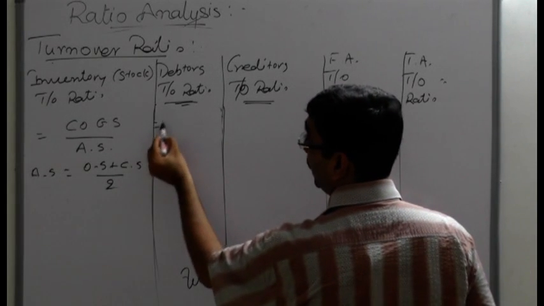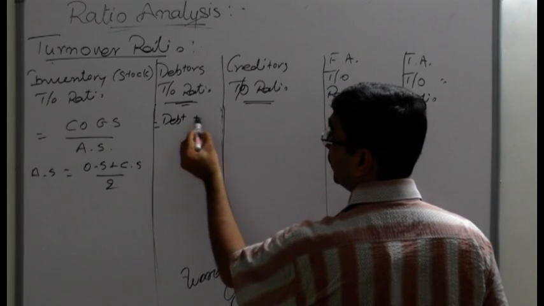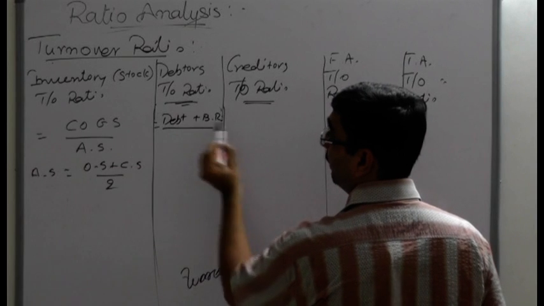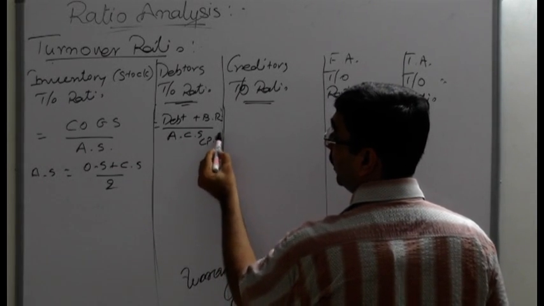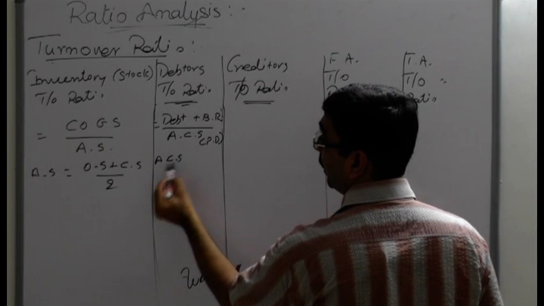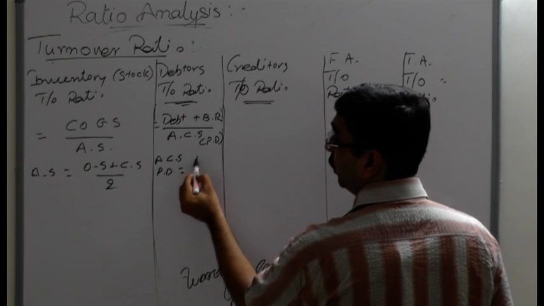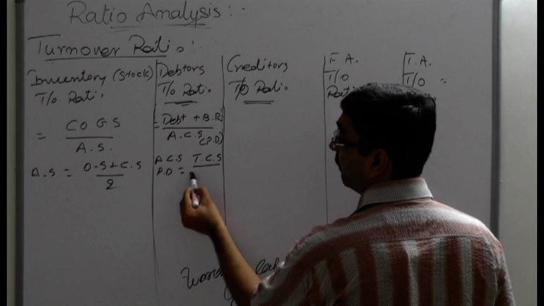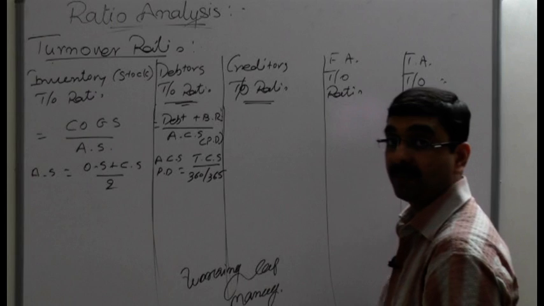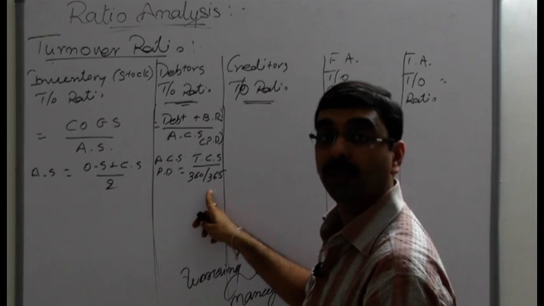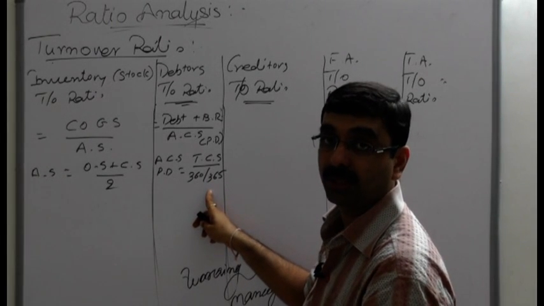How? Let's see. The debtors turnover ratio formula is debtors plus bills receivable divided by average credit sales per day. Average credit sales per day can be determined through total credit sales divided by 360 or 365 days. If it is mentioned in the question, you can take the number of days as per the question.